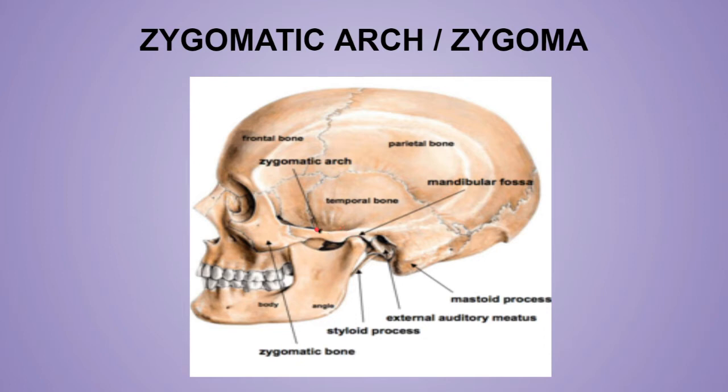Okay, and it is actually a horizontal bar on the side of the head in front of your external ear. Somewhere over here will be your external acoustic meatus. So it is mainly present in front of your ear, on the side of your skull, and a little above the tragus.